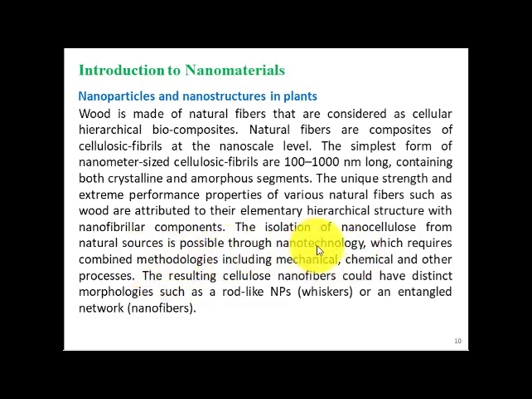So we can use nanotechnology to isolate nanocellulose from natural sources, which requires combined methodologies including mechanical, chemical, and other processes. The resulting cellulose nanofibers would have distinct morphologies such as rod-like nanoparticles, or they can be entangled networks.